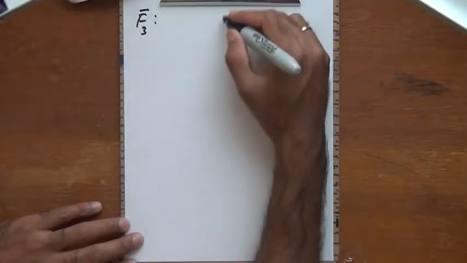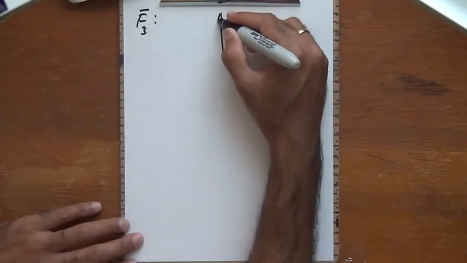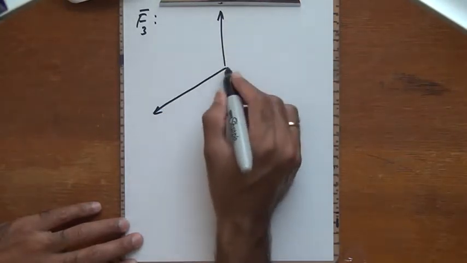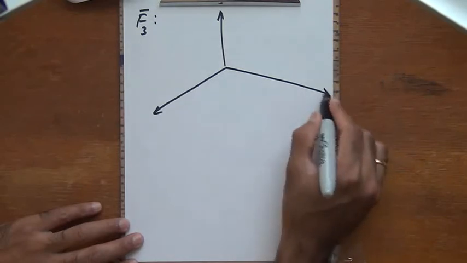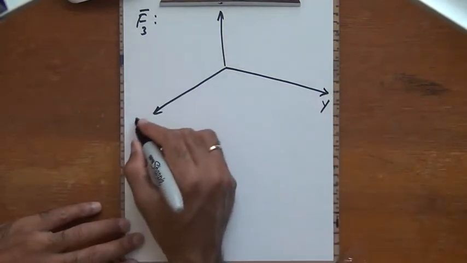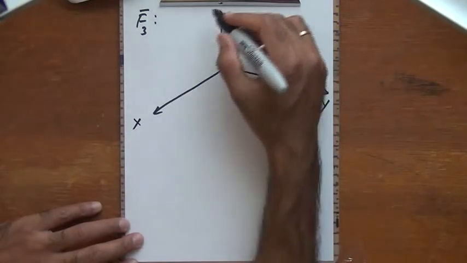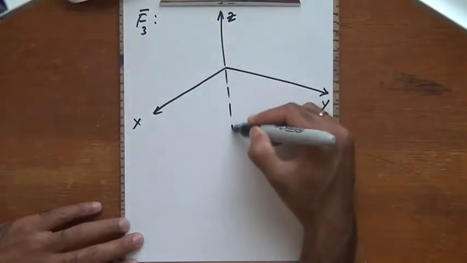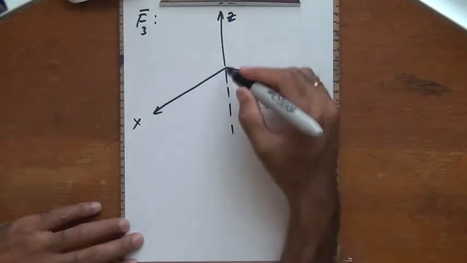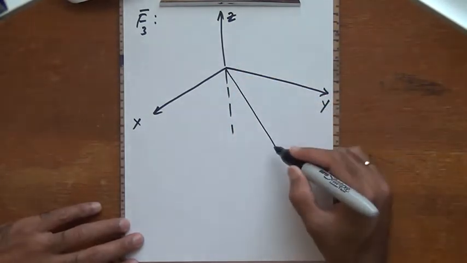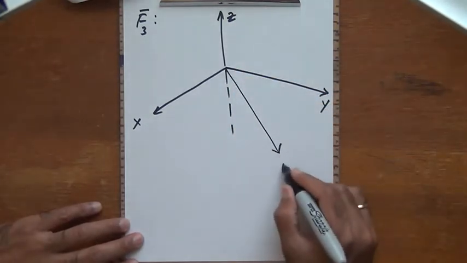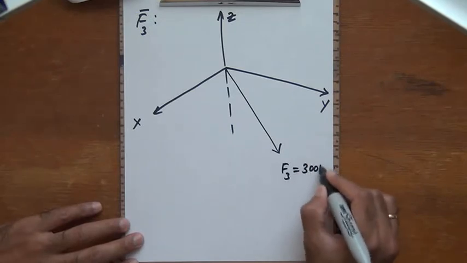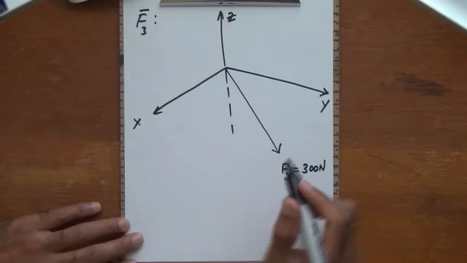Right, and I draw the x, y and z directions, the positive z, then I have the positive x, and then I have the positive y, and then I have the negative z direction, which is given to me here, and then I have the force vector F3, which is drawn here. So force vector F3 has a magnitude of 300 newtons, and two of the angles are given.